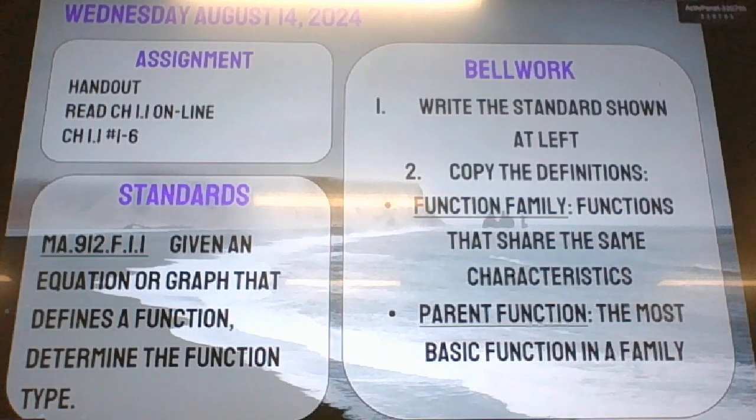Okay? So we're going to cover 4 function families on this handout. This will be a reference for the whole section. We'll refer to this handout quite a bit, so don't lose it.